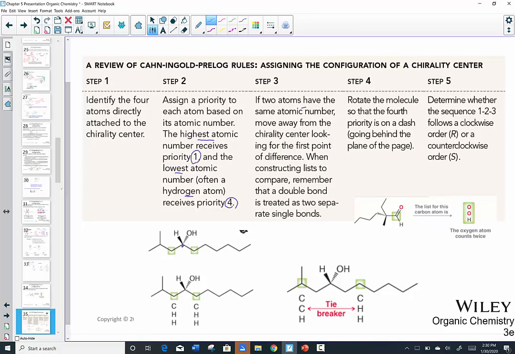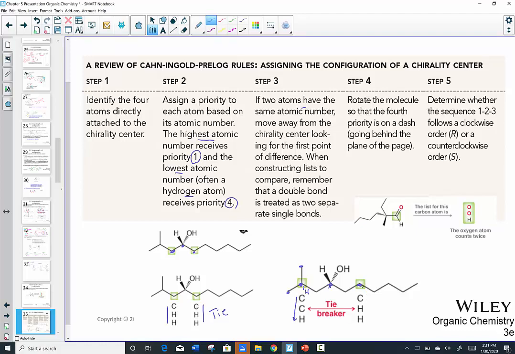Here is a chiral center. 2 of those 4 bonds lead to carbons. That's not a point of difference. So you can see that's a tie at this point. So we move away 1 spot further from the chiral carbon and see if we can find a point of difference. This carbon is attached to 2 other carbons and a hydrogen, so its list is CCH.